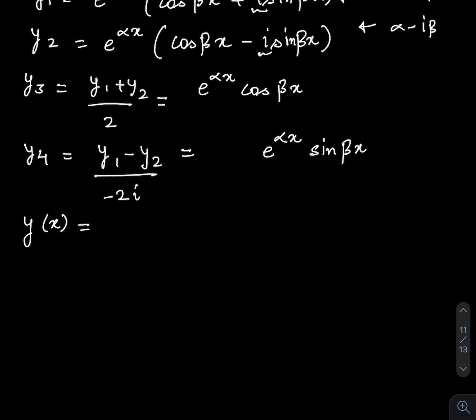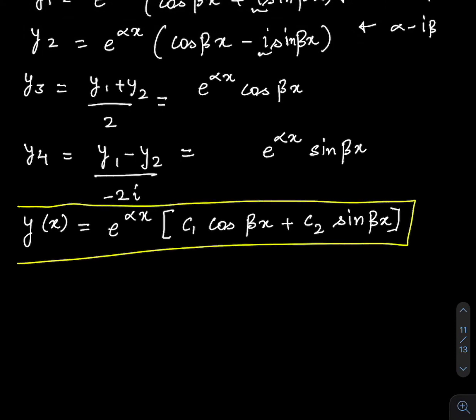Second, they are real, so the general solution is going to be real. And third, they are linearly independent. So our general solution can be written as e^(alpha x) times c1 cosine beta x plus c2 sine beta x. This is the general form of the solution when we have complex roots.